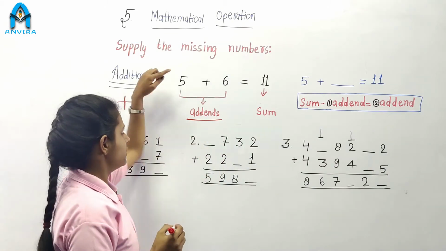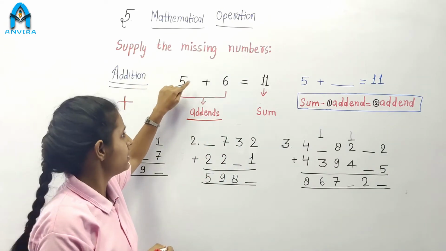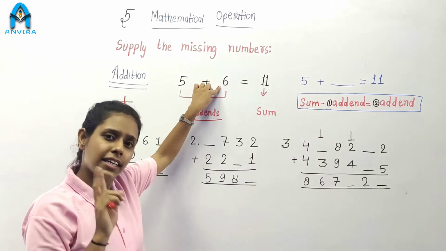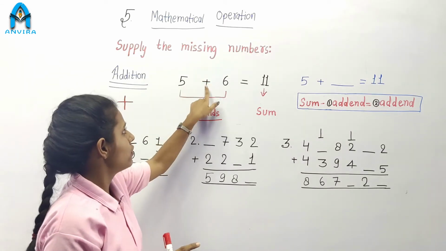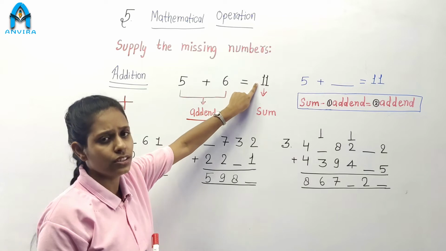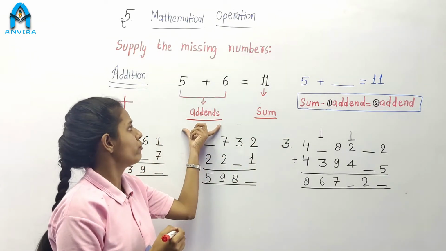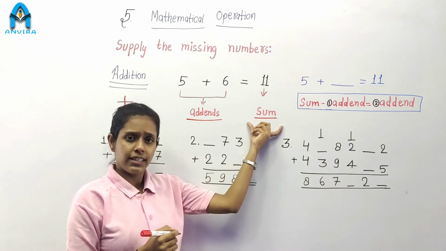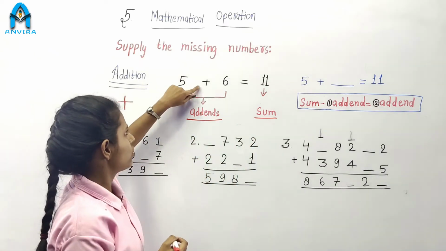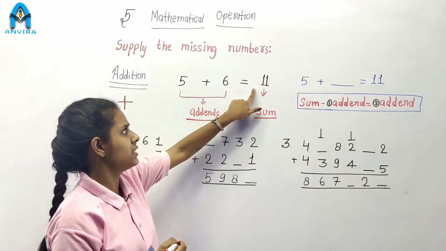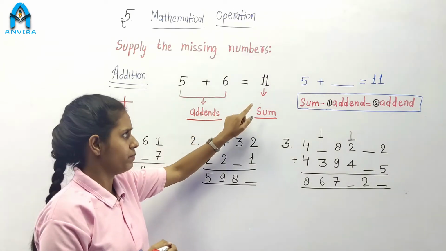This is first addend and this is the second addend. And the total of this, the answer, is called sum. Answer of the addends is called sum. Total of 5 and 6 is equal to 11.